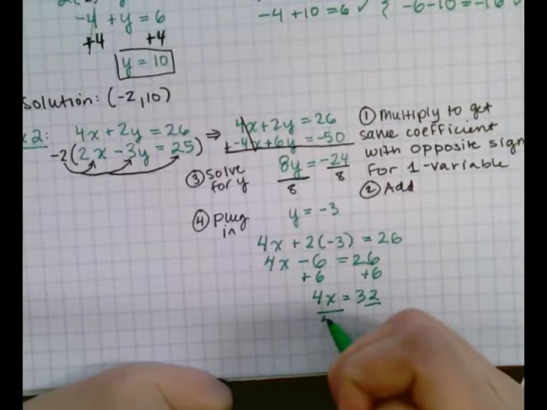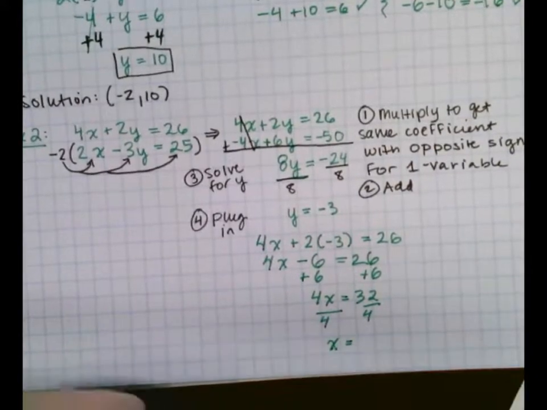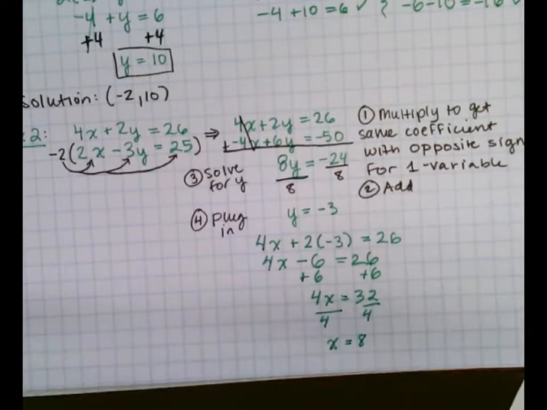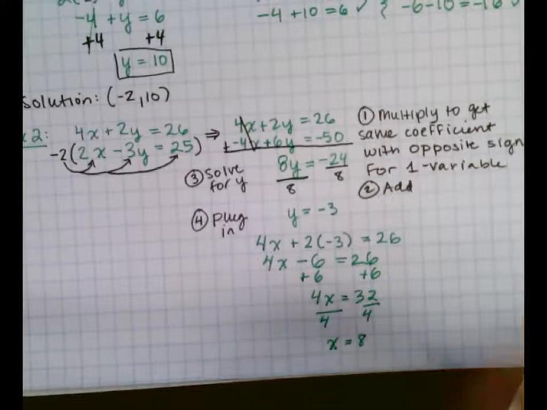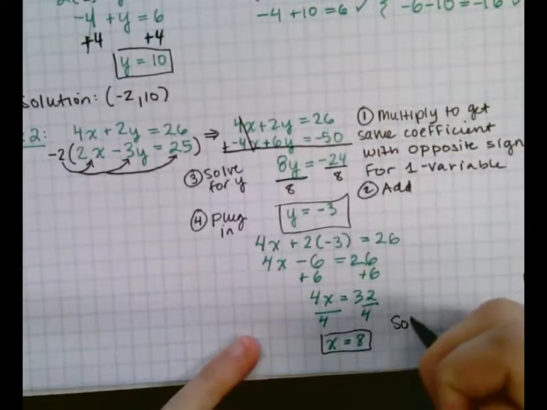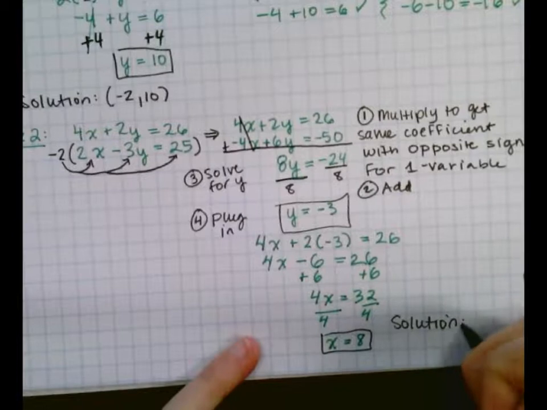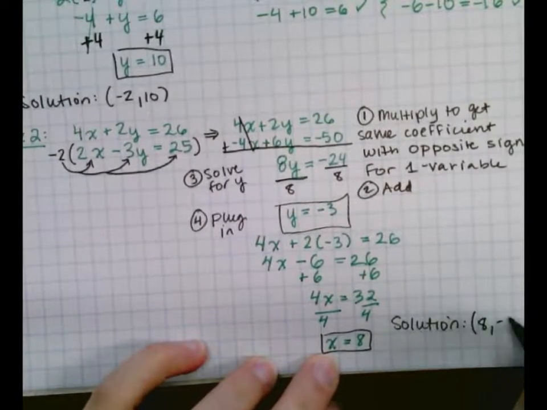Then I would divide by 4, and I get x is equal to 8. So now, in this problem, we have y is negative 3, x is 8, so we can write our solution as the point (8, negative 3).